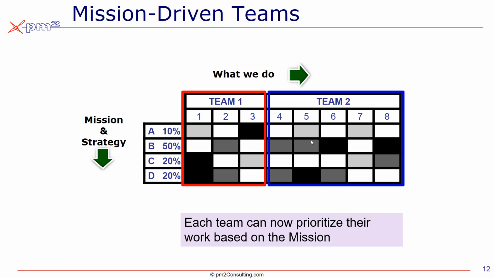So the idea is we now have agility. As we change our strategy, the teams can dynamically shift based on that new mission. So it's in this way we can create mission-driven teams.